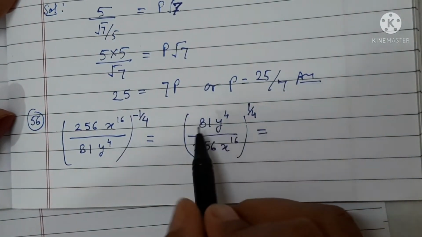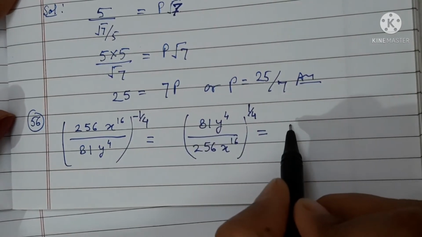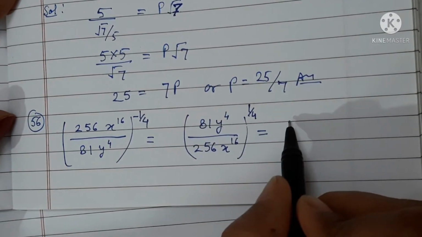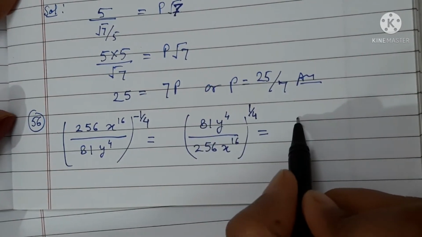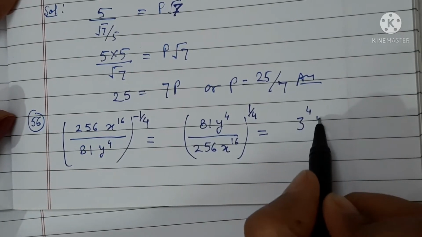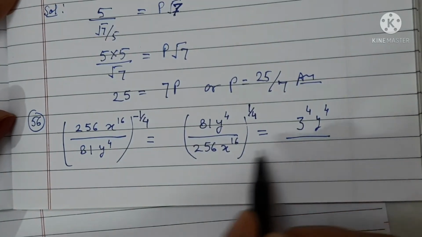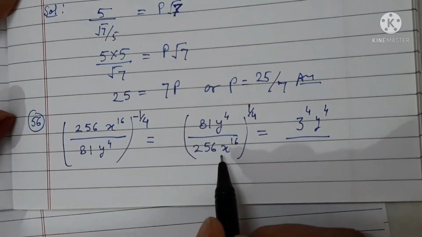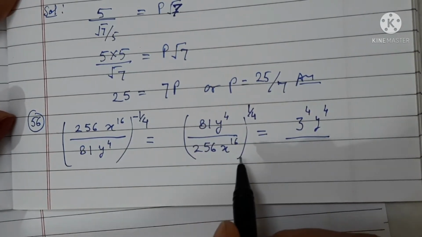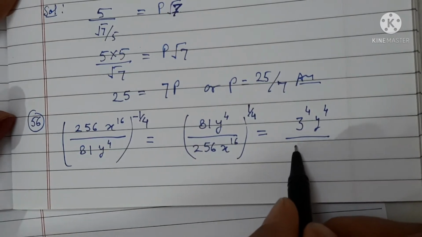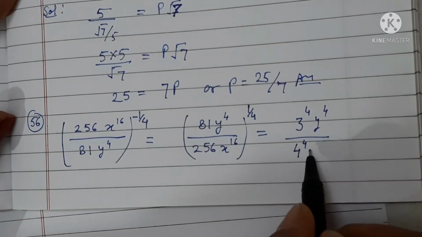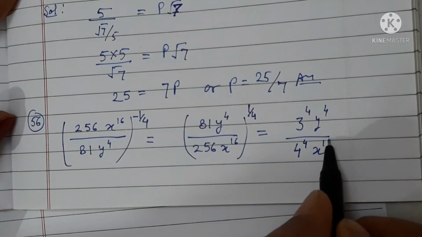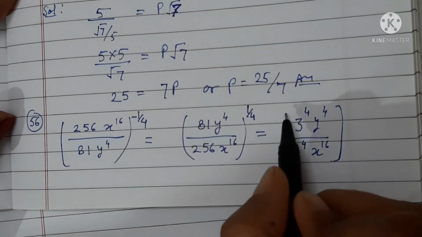Now you can write 81 as 3 threes are 9, threes are 27, threes are 81. So 3 to the power of 4 y to the power of 4 upon 256. 4 fours are 16, fours are 64, fours are 256. So you can write 4 to the power of 4 and x to the power of 16, whole to the power of 1 upon 4.